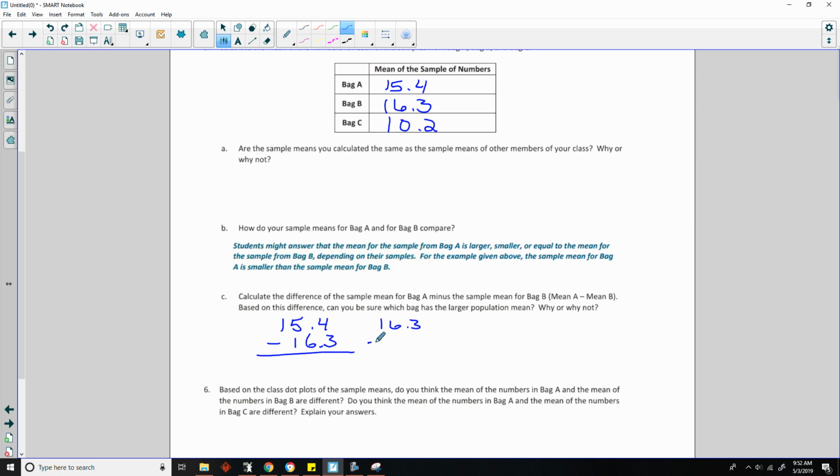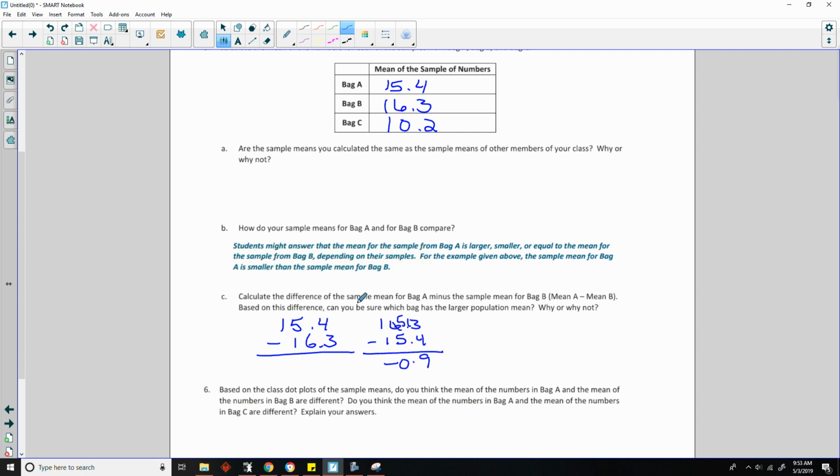Do you remember that? So if I take 16.3 minus 15.4, then I'd get 0.9, and since the larger number was negative, my answer is negative. So mean A minus mean B is negative 0.9.